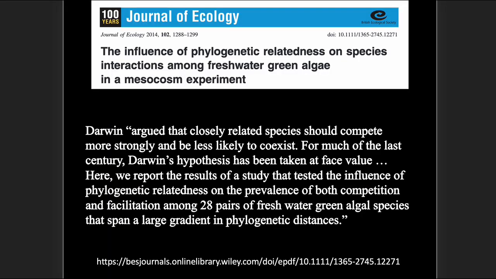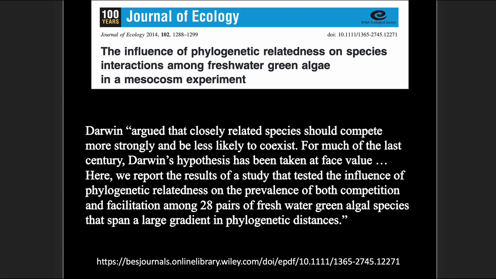Let's move forward a few decades to 2014 and this paper, which reads, "Darwin argued that closely related species should compete more strongly and be less likely to coexist. For much of the last century, Darwin's hypothesis has been taken at face value.